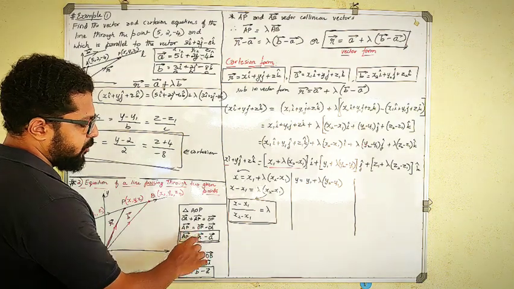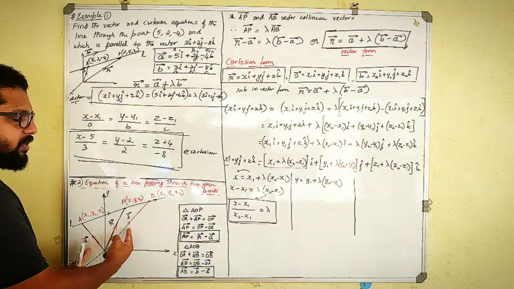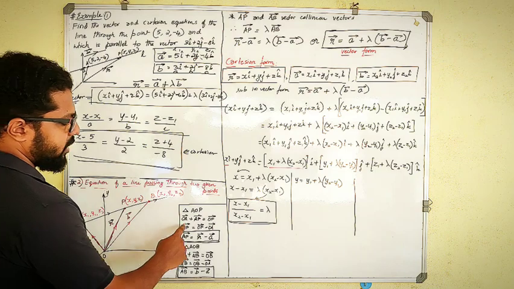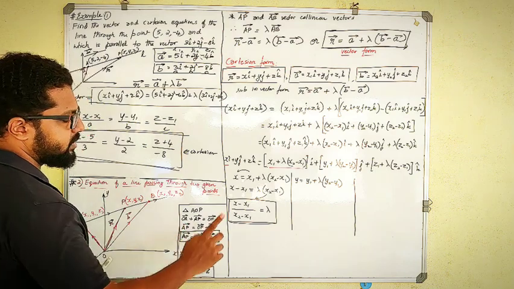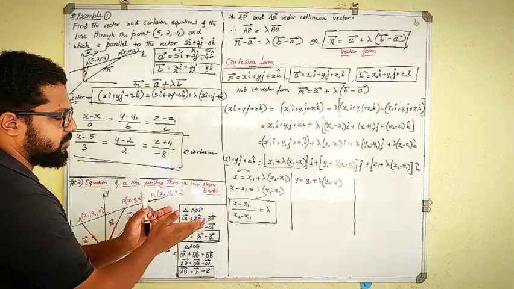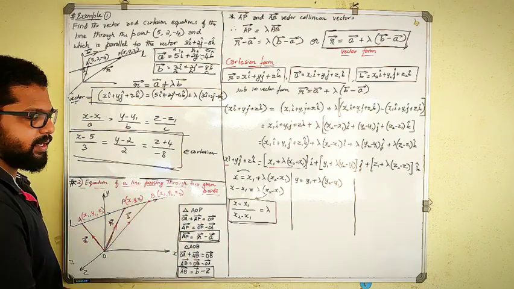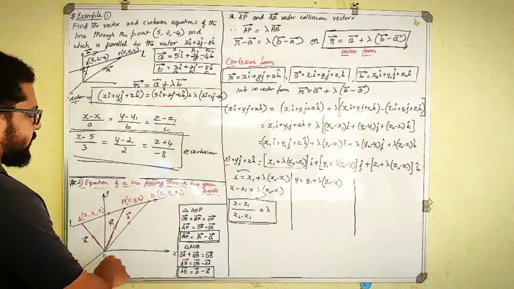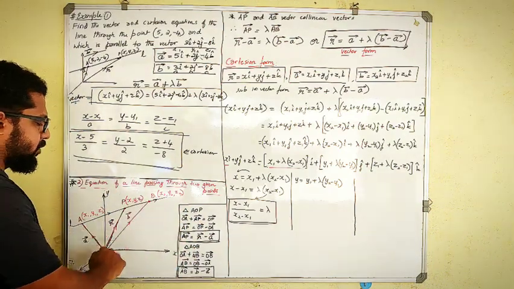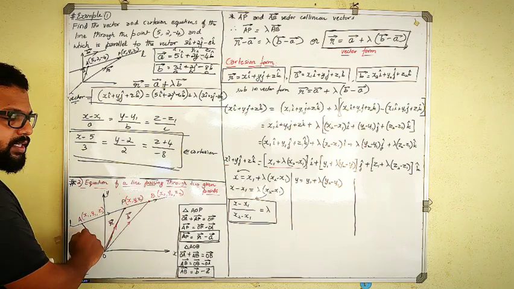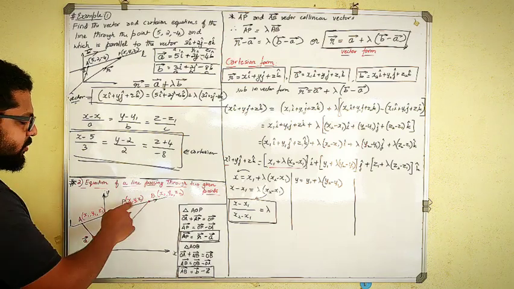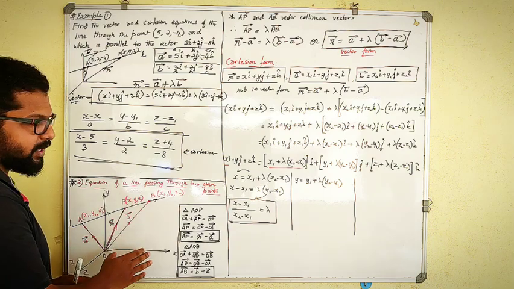Then in the place of OP and OA, let me substitute their position vectors. That is, AP vector is equal to R vector minus A vector. So this is one, let me keep it aside. Then let me take the bigger triangle, the full triangle AOB, which is connected with the point B. I apply the vector addition.